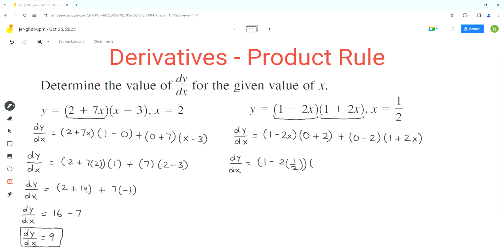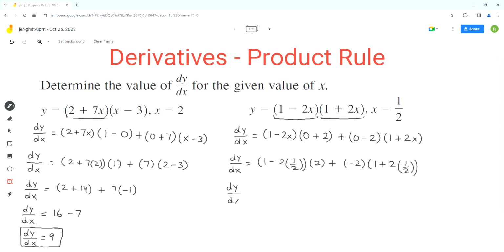And now in the second parentheses, we can add 0 plus 2, which is equal to just 2, and then plus. Now we can combine 0 and negative 2, which is equal to negative 2, times 1 plus, and now we sub in x as 1 over 2. Now we can simplify it further.